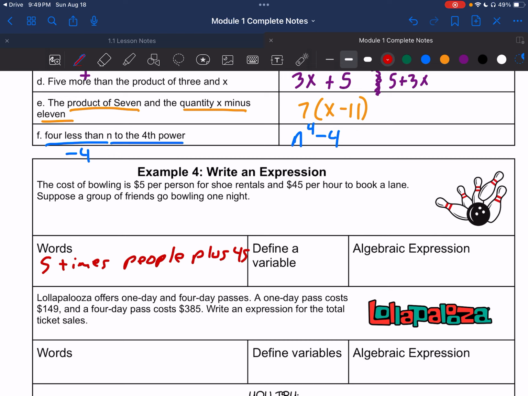So in this case, I'm going to go simple, and I'm going to say x equals people. So the way we could rewrite this is 5x plus 45. And this would be assuming that we are just going for 1 hour. We could do multivariables, which we'll take a look at in the next one regarding Lollapalooza.